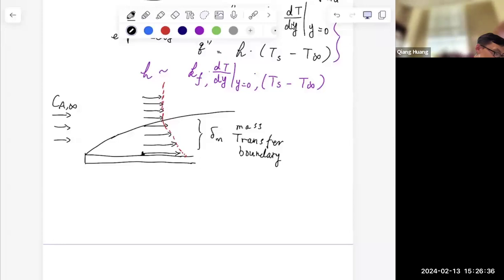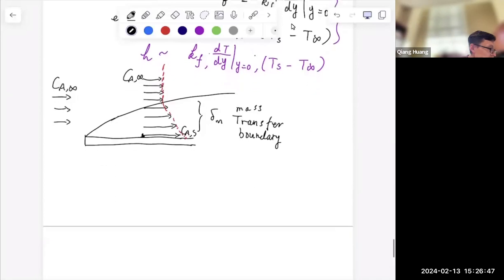Then this will be the saturation or surface concentration of the substance A. This will be the infinite concentration of substance A.